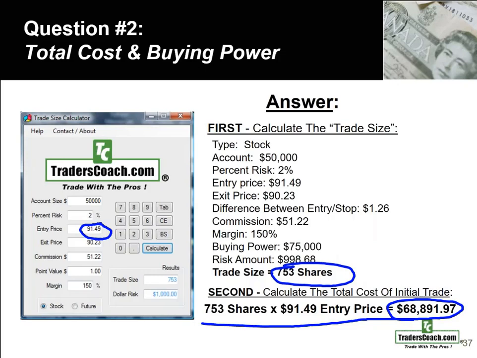The reason why I bring this up is because a lot of people get confused and think, okay, 2% of 50,000 is 1,000, so I'm only buying $1,000 worth of stock. No. That's the amount you can afford to lose, but you're actually buying much more. Okay? So in this example, do you think we're using margin?